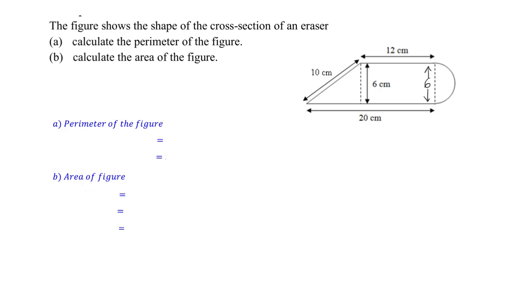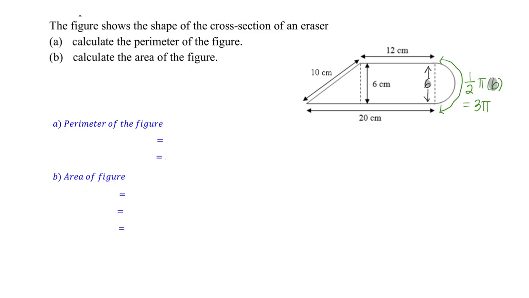So for the circumference of this semicircle, it is half of 2 pi r, or pi times diameter, pi d. 2r is pi d, so it will be half times pi times 6. I'm going to use pi d since the diameter is given. This will equal 3 pi, since half times 6 is 3.